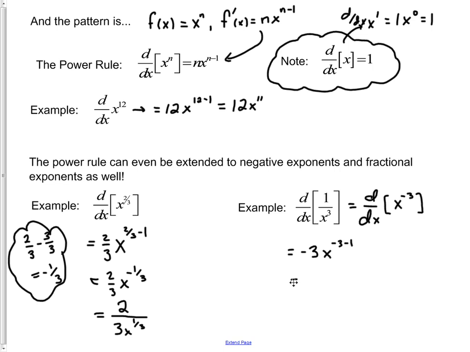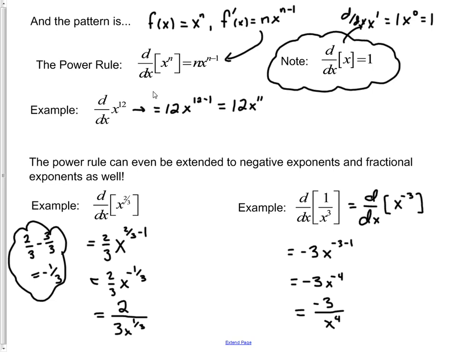And if you remember, when we combine two negatives, we get an even larger negative, in this case the negative 4th power. And again, getting rid of negative exponents, it turns out that our derivative should be written in simplified form as 3 over x to the 4th.